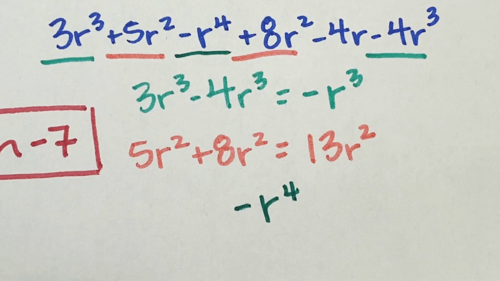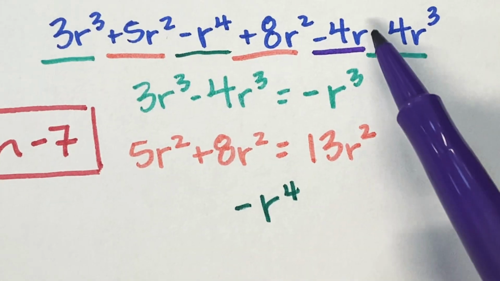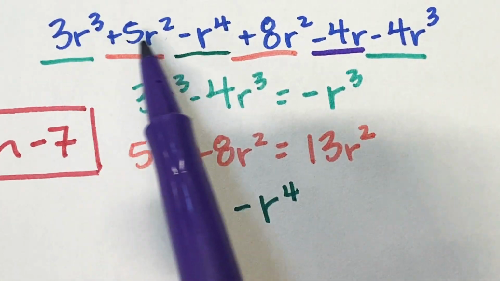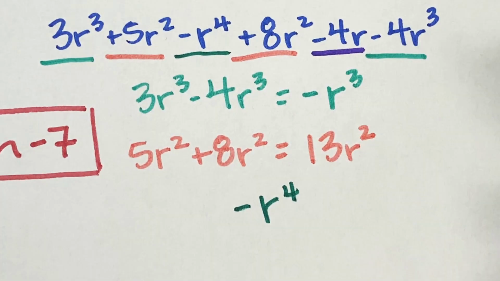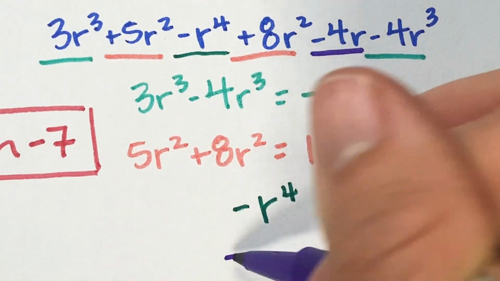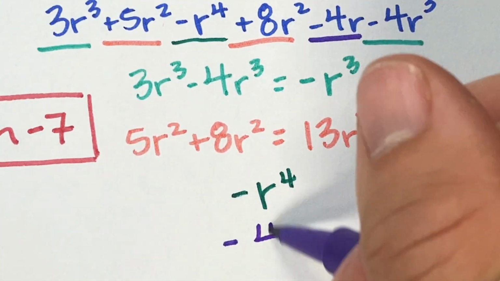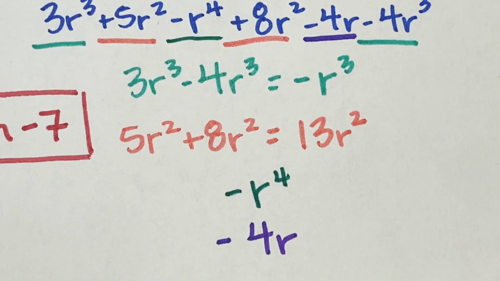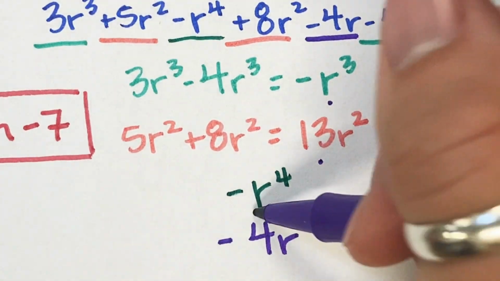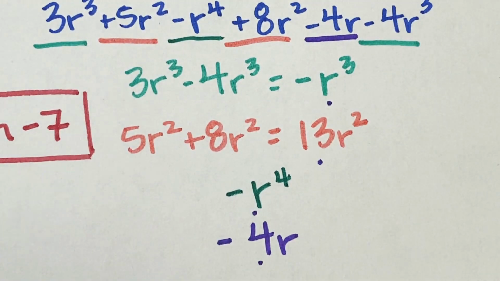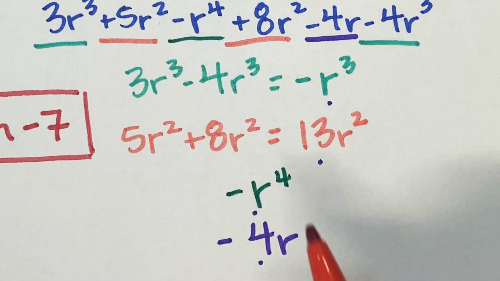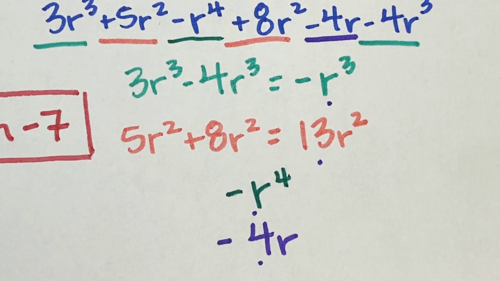Okay, and our last term, it's not a constant, but we haven't combined it with anything. Negative 4r, so just r to the 1st power. Any other r's to the 1st powers? Nope, so that stays negative 4r. So we have all 4 of our pieces that now we can just rewrite together for our simplified expression. Start with your highest power because of descending order.